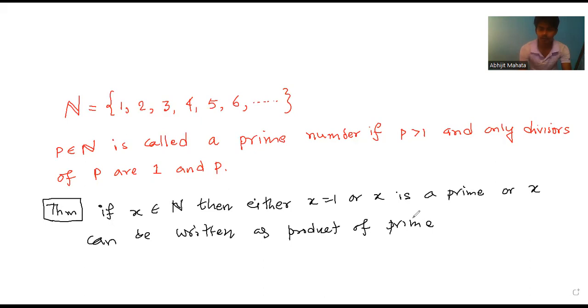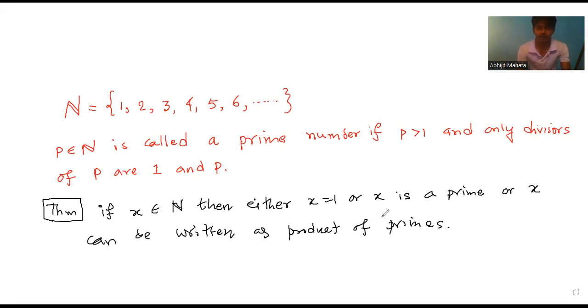So this is very important. If you take any natural number x, then either it is the number 1 itself or it is a prime number. If it is not a prime number, you can write it as the product of prime numbers. Okay, fine.